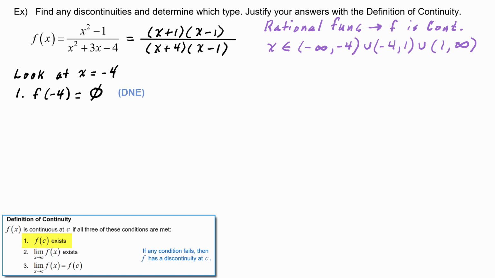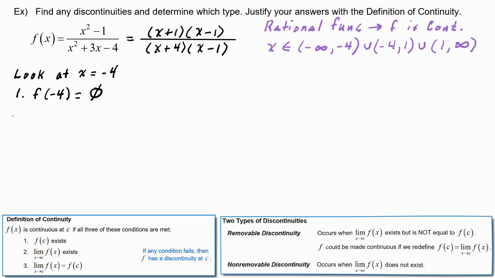Already now, we know that we have a discontinuity there because the function failed at step 1. Now, the type of discontinuity is determined by the limit. So we go on to step 2, and we do the limit as x approaches -4.